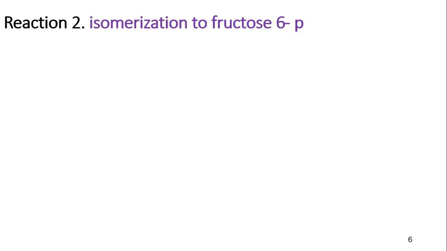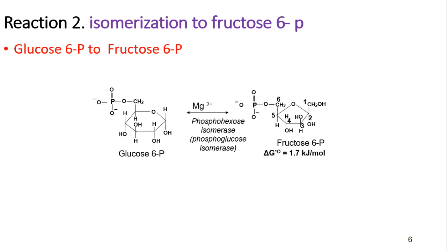Isomers. Okay, so this reaction is involving the change of glucose 6-phosphate to fructose 6-phosphate, which is fructose phosphate. In terms of a reaction, we need to understand that it is just isomerization. This is glucose and then it changes to what? To fructose.